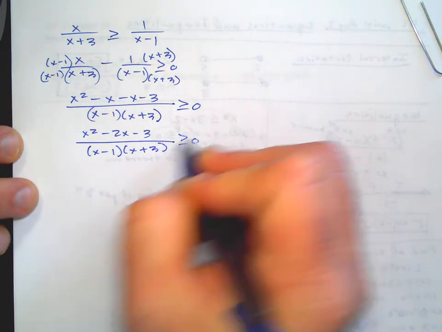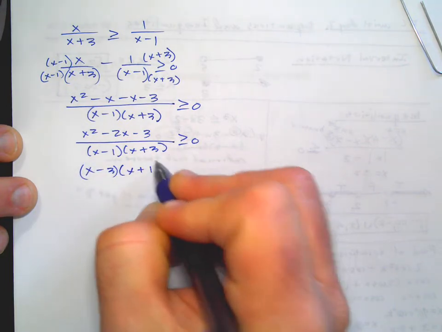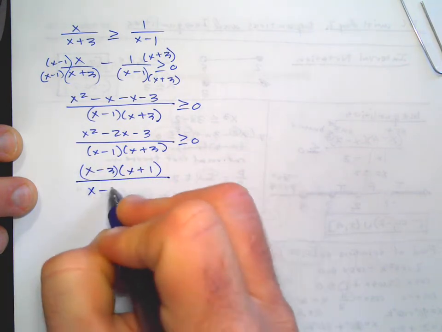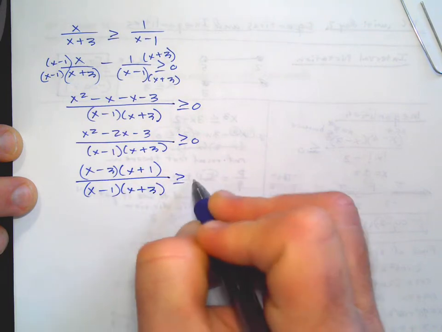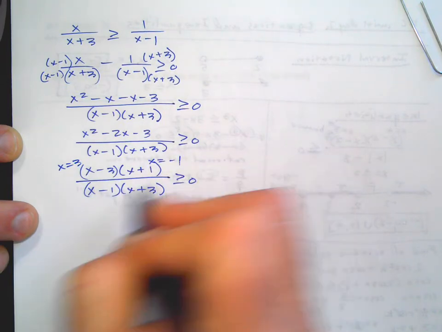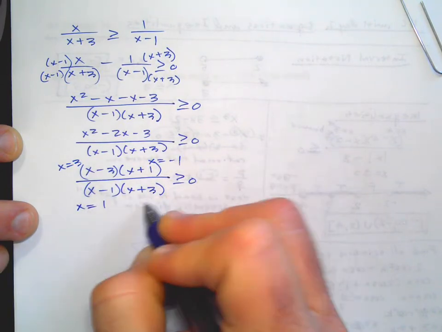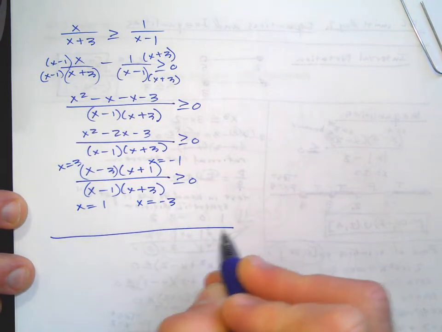Try and factor it. Find the roots. Find the vertical asymptotes. Put them on a line check.